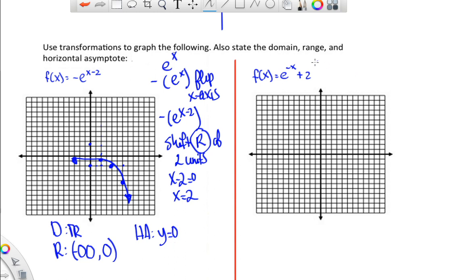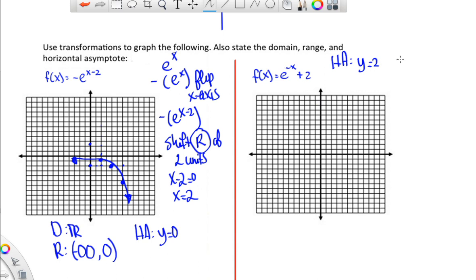On this one, e to the negative x plus 2, the plus 2 is a shift up, so the horizontal asymptote is now at 2. And the negative x makes it go across the y-axis, because the negative is tied to the x.